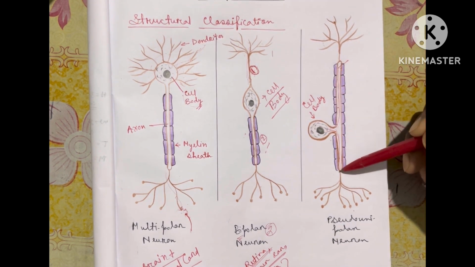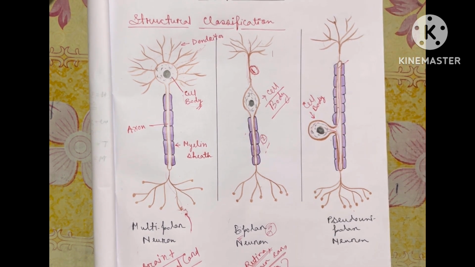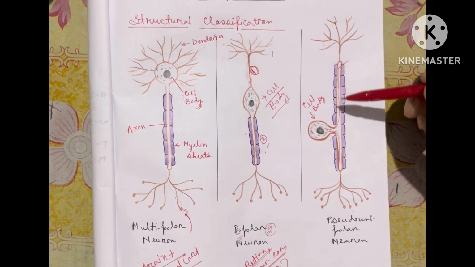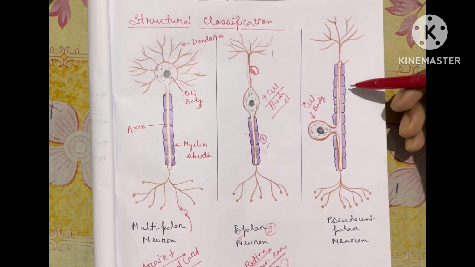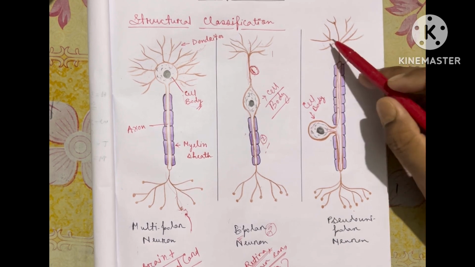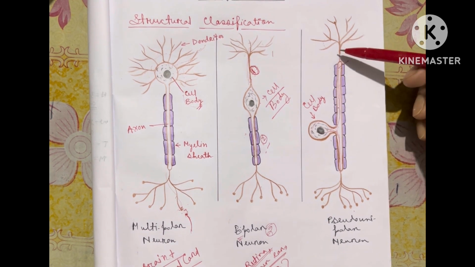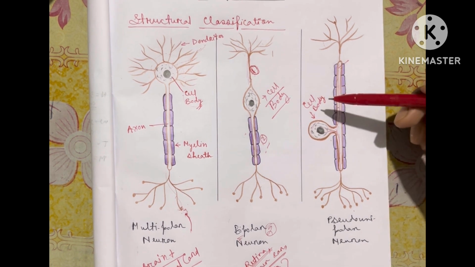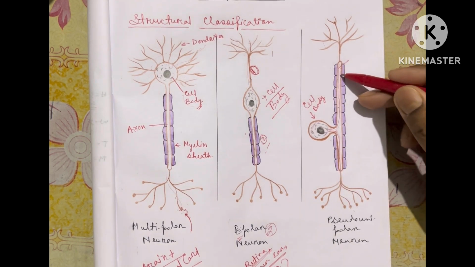Here only one axon will be there, and that axon also contains some dendritic extension. One cell body and one axon terminal will definitely be there, but the axon contains dendrites. There are no separate dendrites. Why are we not going to consider them separately? Because during embryonic development, the dendrite and axon fused and made only a single process.